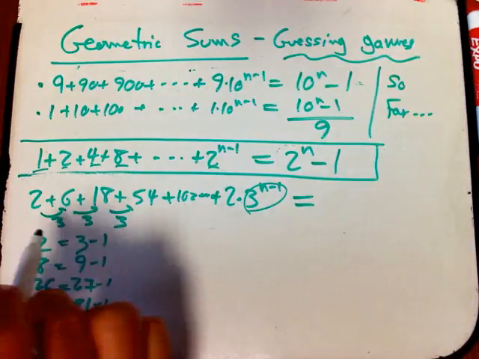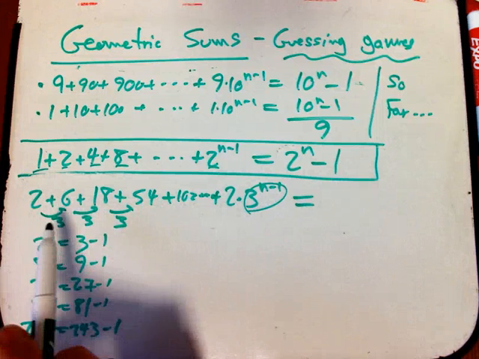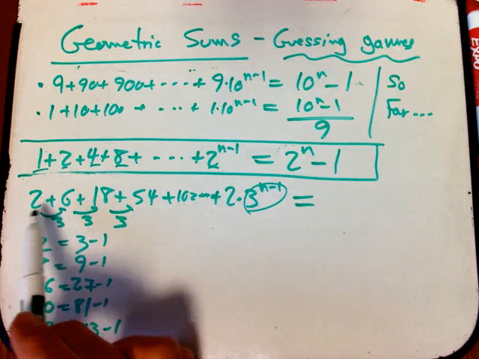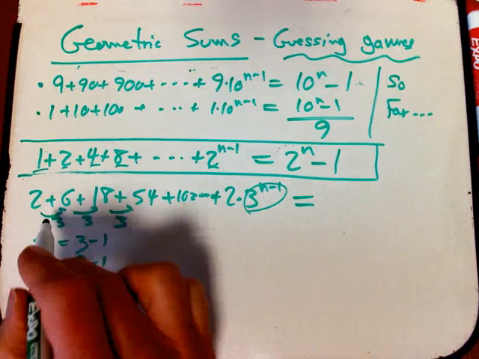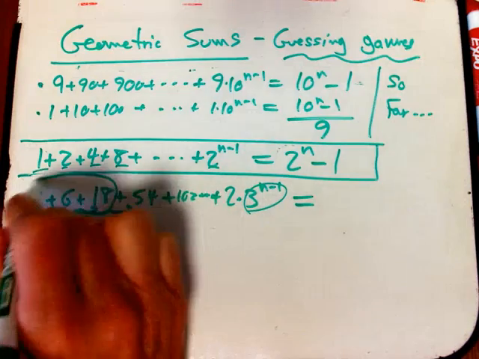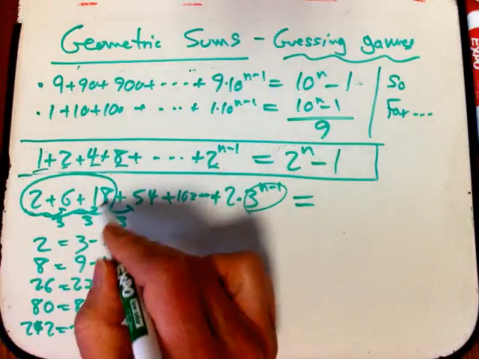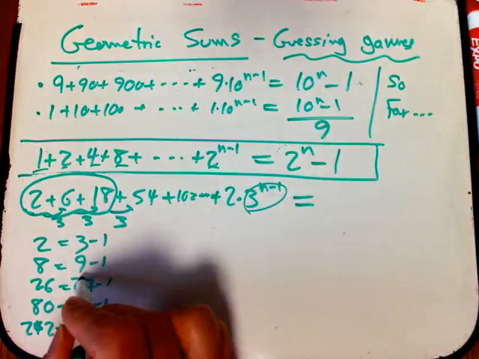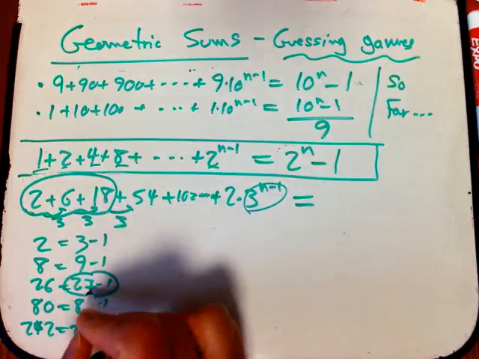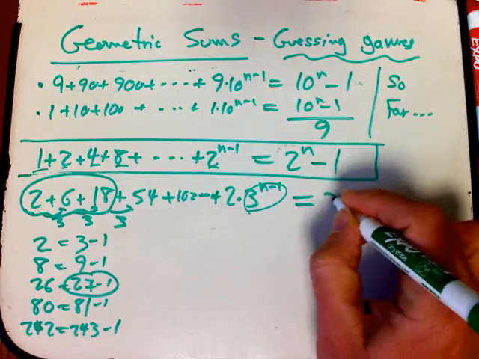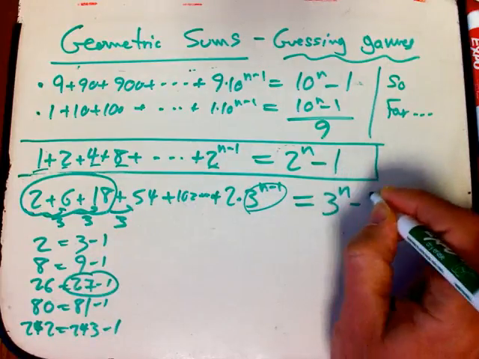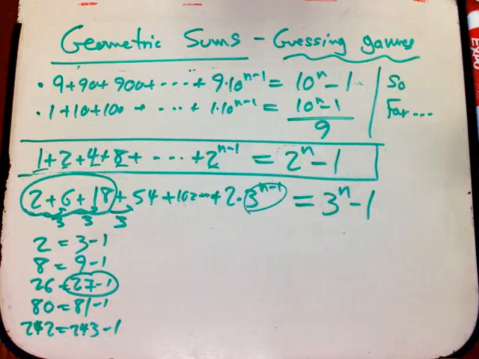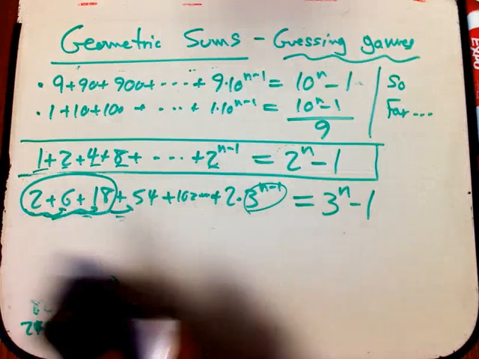So once again, we found an example that, and I did contrive it a little bit by starting with 2 here, works out very beautifully. The sum of these first 3 things, which ended with a 2 times 9, that's 3 squared, you just get the next power of 3, 27 minus 1. So here's that next power of 3 minus 1. That's really cool.